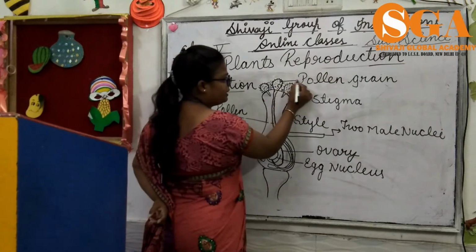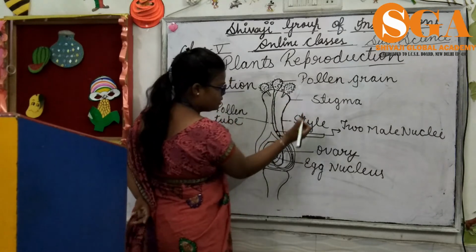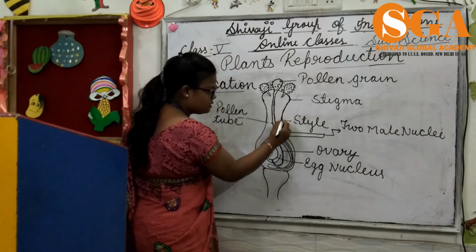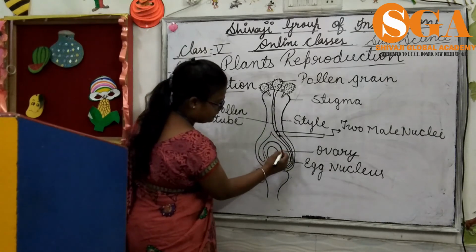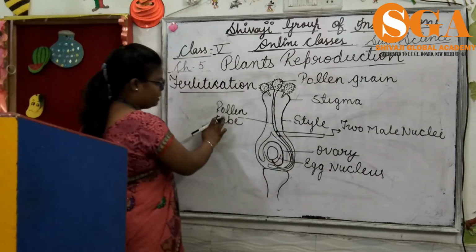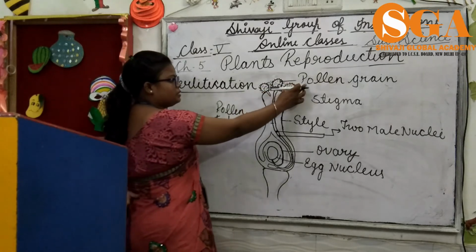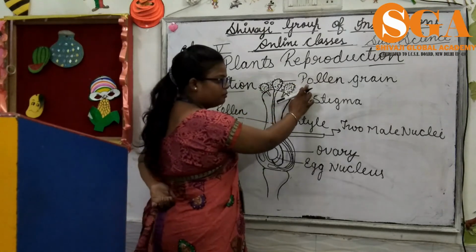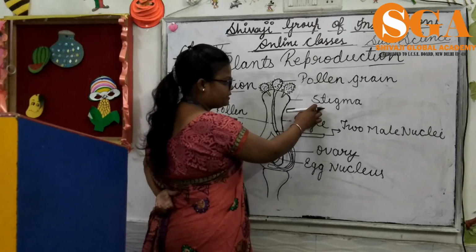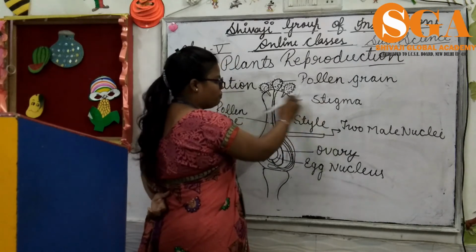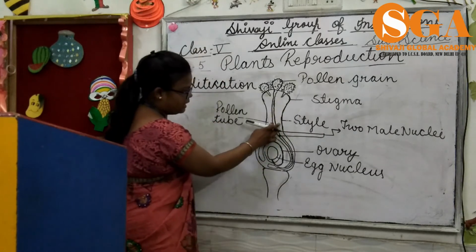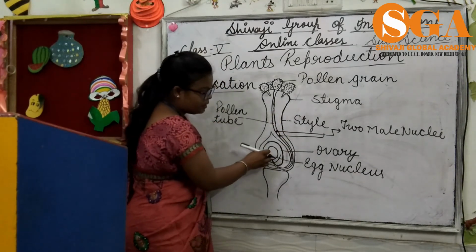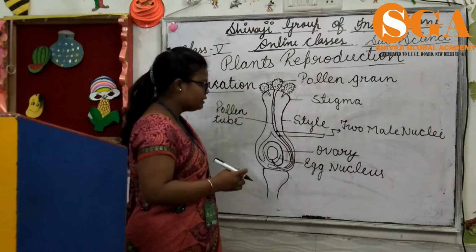I repeat it again. Kids, this is the pollen grain, this is stigma, this part is style, and these two points are two male nuclei, that is ovary, and this is egg and pollen tube. Pollen grains germinate on the stigma and grow a pollen tube. The pollen tube goes downward into the style and enters the ovary. In the ovary, the eggs are present.